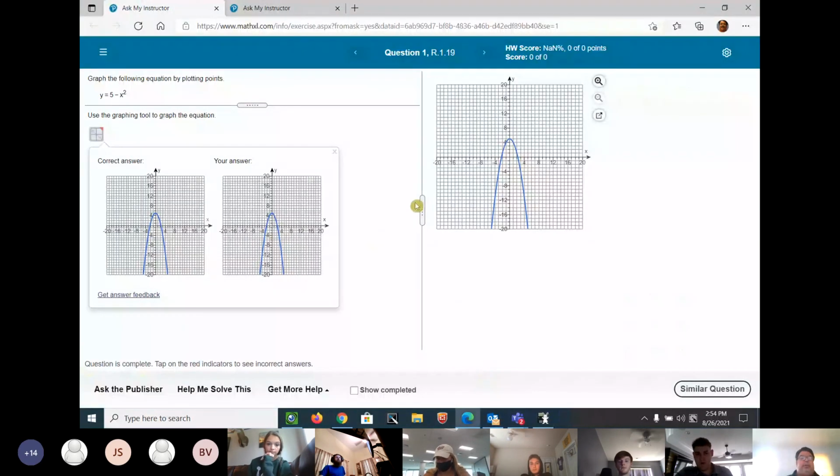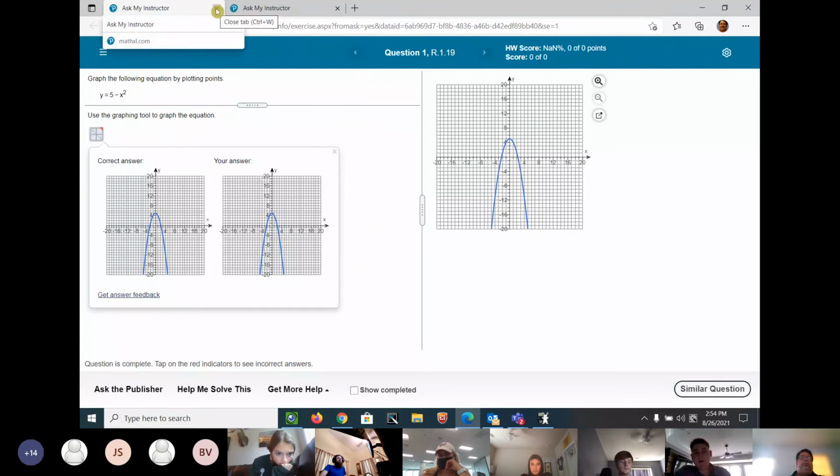It looks like to me that you did the correct problem. I have no idea why you got it wrong. On a test, I would give you credit for this problem. I have no idea why you got it wrong, unless you made a very small mistake on plotting. Anybody want to tell me their thoughts?